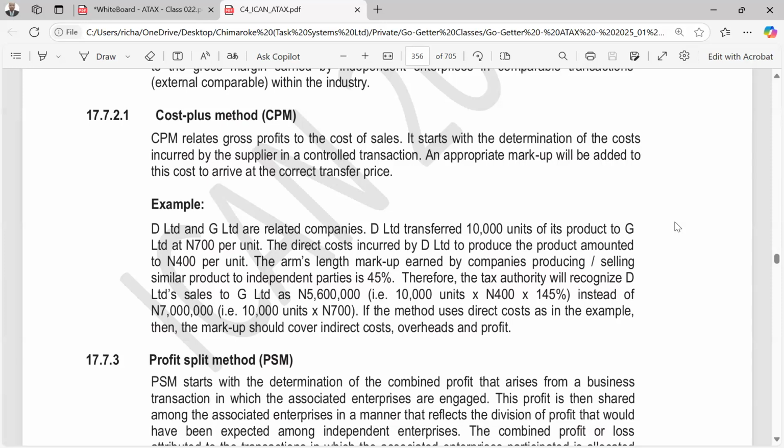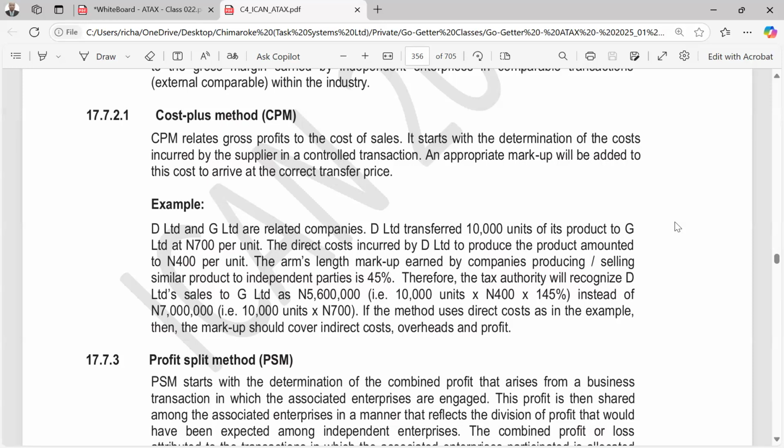That will give you 580 per unit, instead of 700. So instead of using 700 naira to sell the 110,000 units, you are expected to have a sales value lower than what you used.